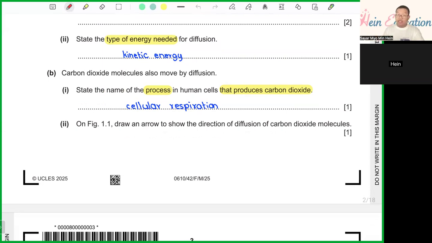And in figure 1.1, draw an arrow. So basically, we have to draw an arrow to show the direction of diffusion of a carbon dioxide molecule. Here, you need to be very careful because the question is asking about diffusion of carbon dioxide molecules. Carbon dioxide is the product of respiration, and it has to move out of the cell.